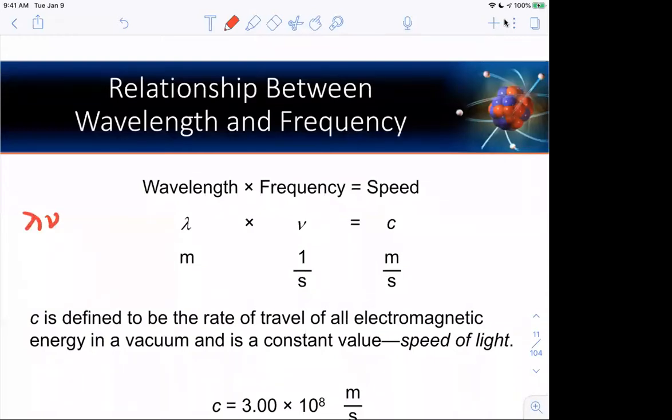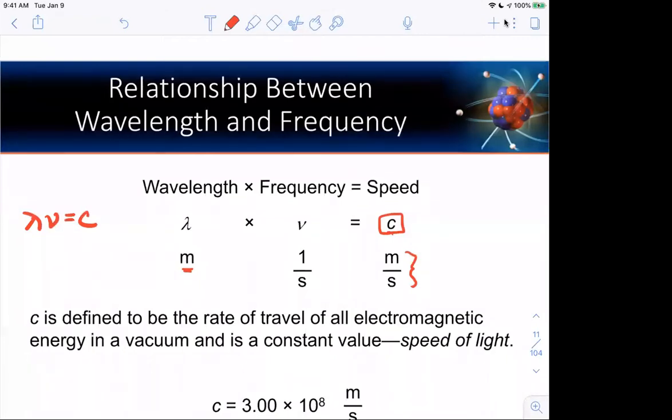Lambda nu is equal to c, which is the speed of light. So wavelength times frequency is equal to speed. If I measure lambda in meters and I measure the frequency in reciprocal seconds, 1/seconds, my speed is meters per second, which makes sense. It's distance per time, right?